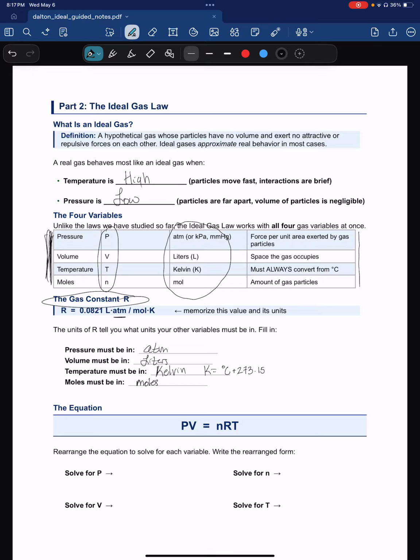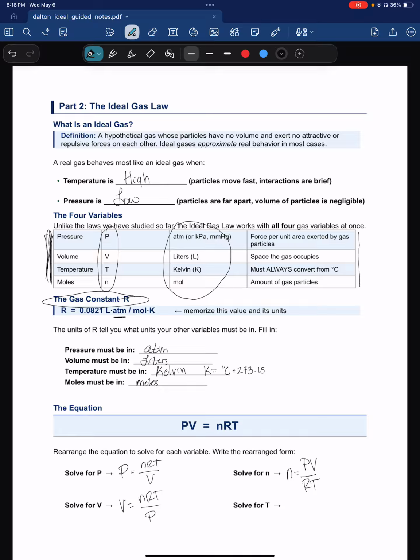Great. So hopefully you had a chance to do that, and I'll go ahead and do that now. So in this case, P is equal to nRT over V. Solving for V, V is equal to nRT over P. Solving for n, n is equal to PV over RT.